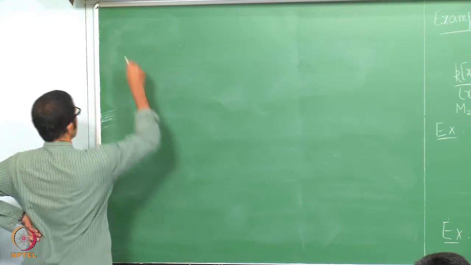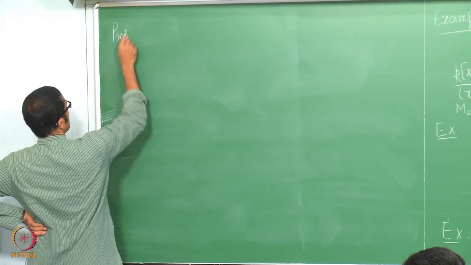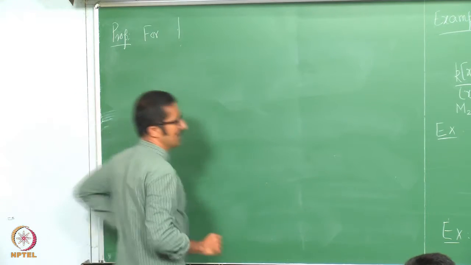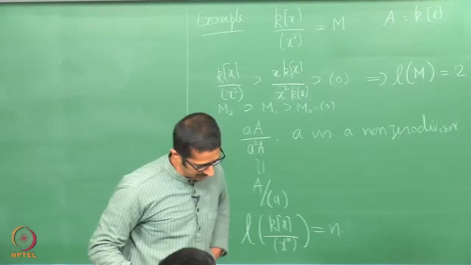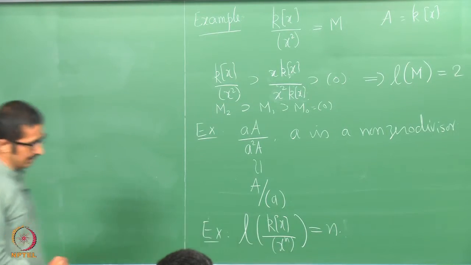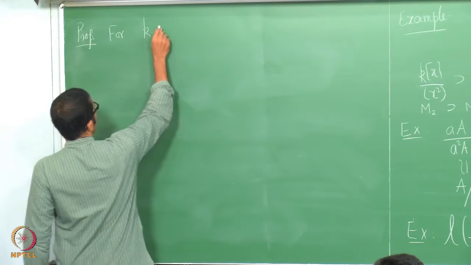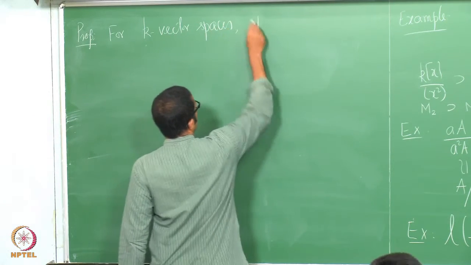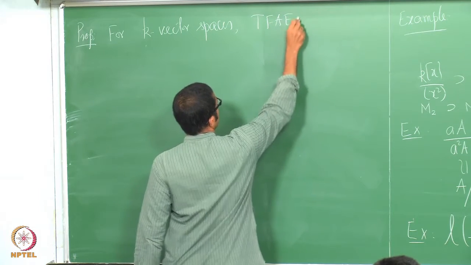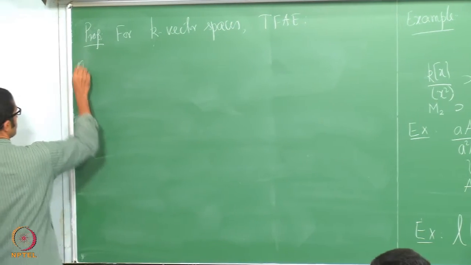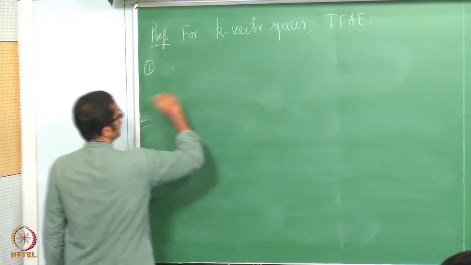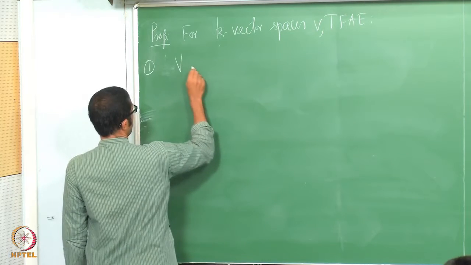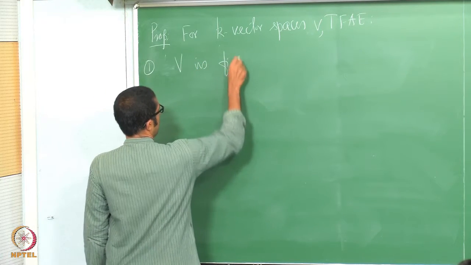For finite dimensional K vector spaces, the following are equivalent. One, V is finite dimensional.